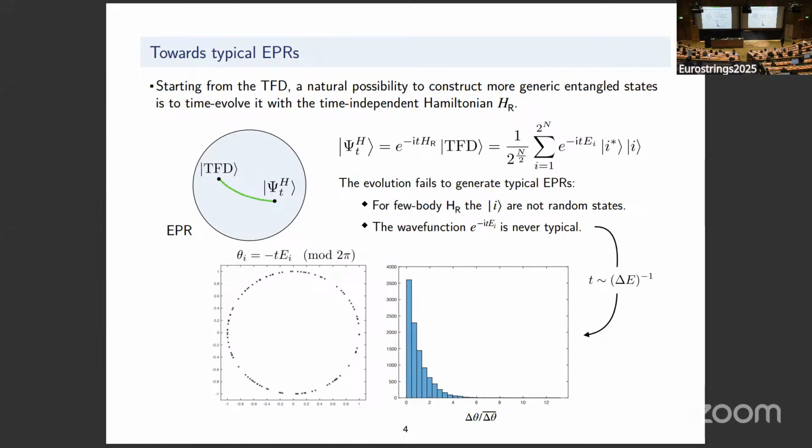So here I'm plotting them at timescales comparable to the inverse mean level spacing. This means at timescales which are exponential in the entropy of the system. And you see that the difference is that the eigenphases tend to clump on top of each other. So the eigenphase separation in this case is given, the histogram is given by a Poisson distribution. Okay? So this shows that the eigenphase repulsion is absent in this kind of state.